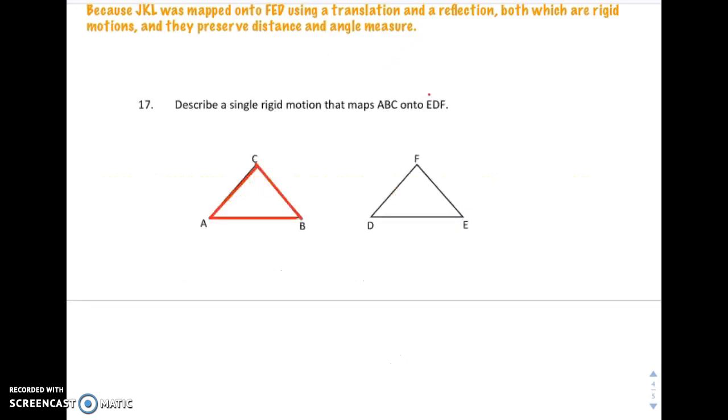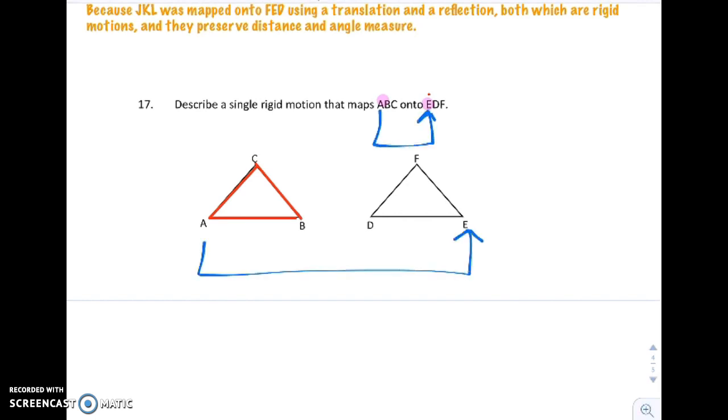There's no real trick on 17. They just want a single rigid motion that maps ABC onto EDF. Just be careful when you look that A has to map onto E. So remember from yesterday, it's not going to be just a translation.